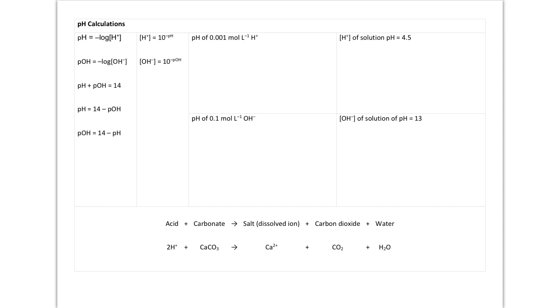So to work that out, we just plug that into the formula. pH would equal minus log concentration of hydrogen ions, which is 0.001. Plug that into our calculator, and we would get an answer of 3. So that would be the pH there. Fairly straightforward.